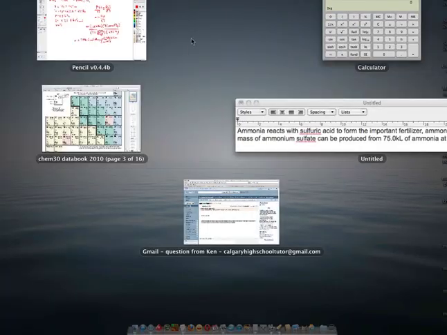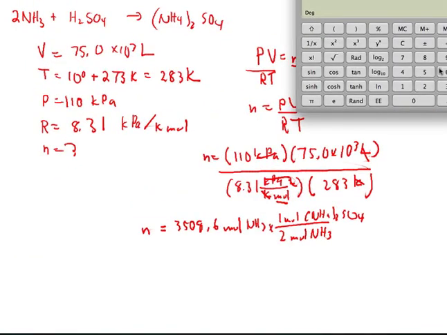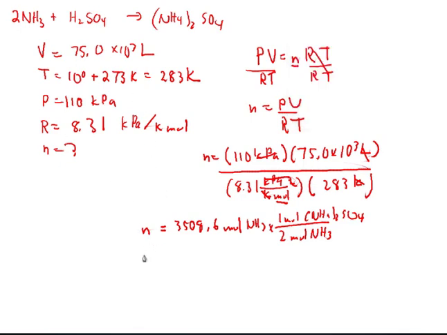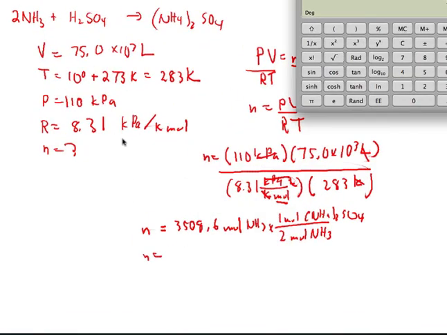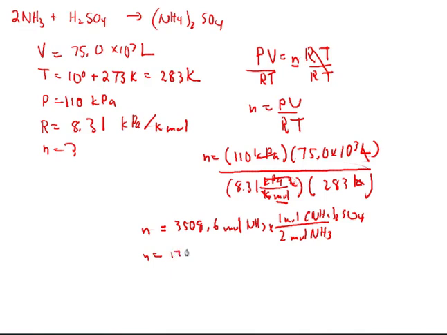So it's 3508.6 divided by 2, which gives us 1754.3 moles of ammonium sulfate.